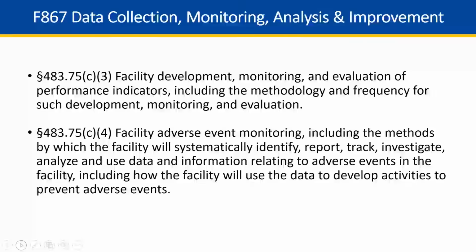Performance indicators enable the facility QAA committee to establish performance thresholds and goals, identify deviations in performance, and evaluate progress. An example of monitoring includes comparing results of facility performance over time, as well as to state or national benchmarks.